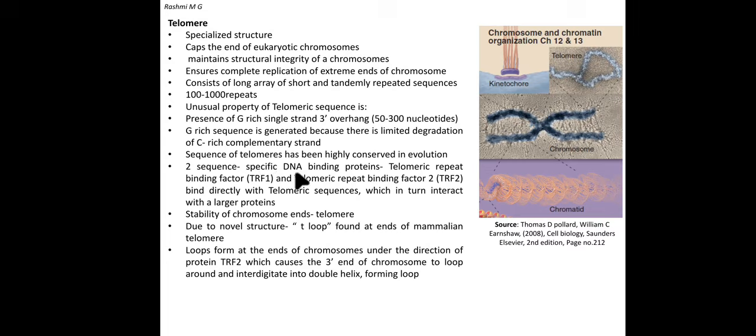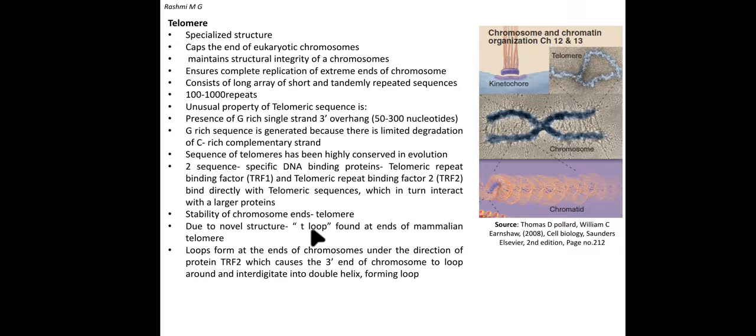Two sequence-specific DNA binding proteins, telomeric repeat binding factor TRF1 and telomeric repeat binding factor 2 TRF2, both bind directly to the telomeric sequence, which in turn interact with larger proteins. So the stability of chromosome ends is due to this telomere.